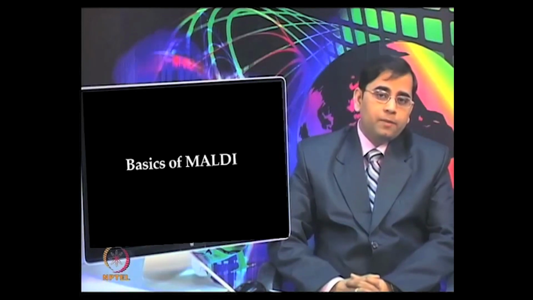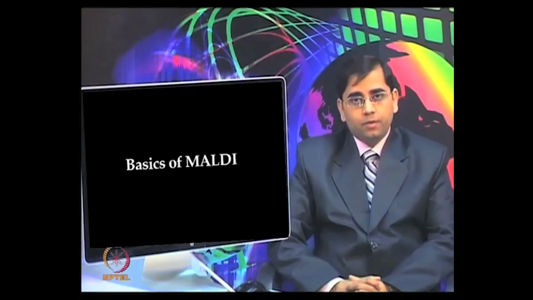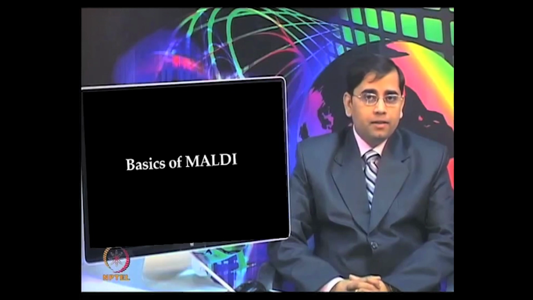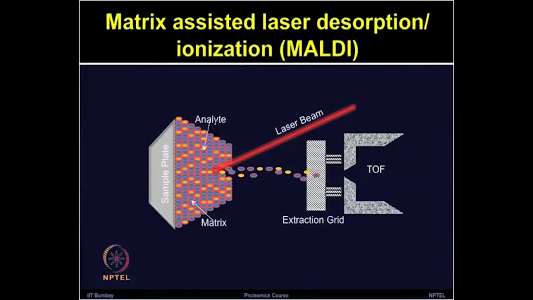So, let us go through some of the basic concepts involved in the MALDI-TOF. We can split that in two parts. One is MALDI, which is ionization source, and other is TOF, which is a mass analyzer. Let us first talk about matrix assisted laser desorption ionization or MALDI.